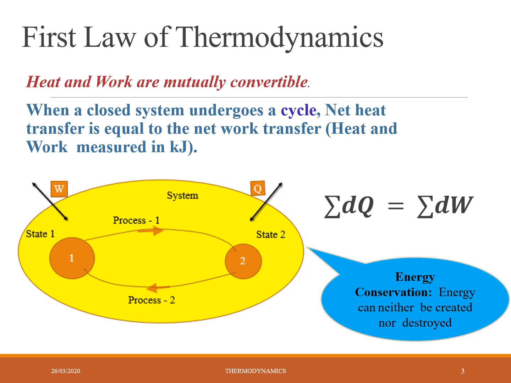I think you will remember forever the same figure you studied earlier. So a cyclic process takes place within your closed system, and sigma W is equal to sigma Q in kilojoule. That is your first law.